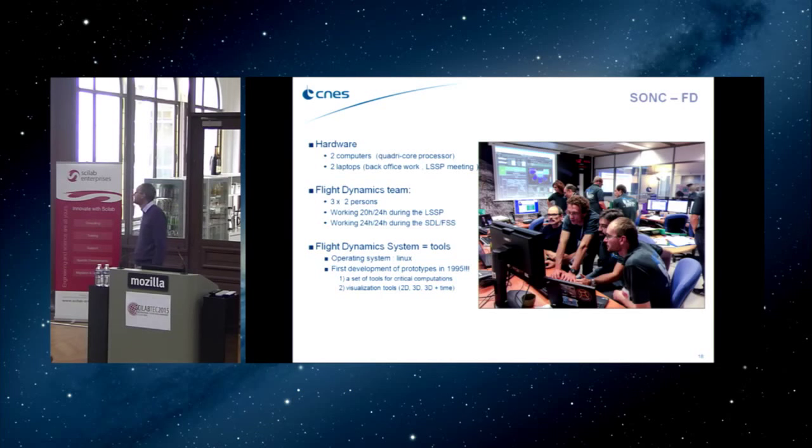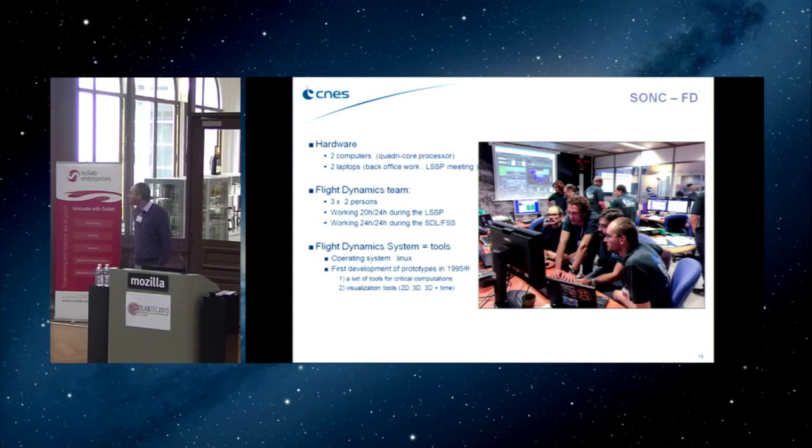So the flight dynamic team was 3 groups of 2 persons. During the landing site selection process, we were working 24 hours, 20 hours and 24 during 5 to 10 days, depending on the loop. And for the landing operation and first science sequence, it was 24 hours and 24 hours.